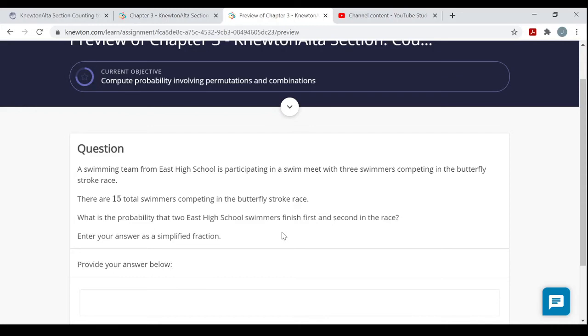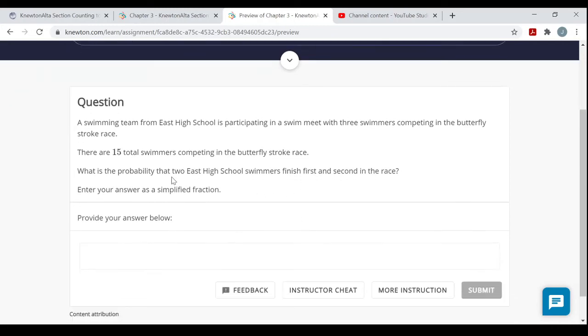All right. Now, all that matters here is that 2 people from this school finish first and second. It doesn't say specifically that this person has to finish first and this person has to finish second. So think about it. Say Bob and Tom are from East High School. If Bob finishes first and Tom finishes second, that's 2 East High School swimmers finishing first and second.